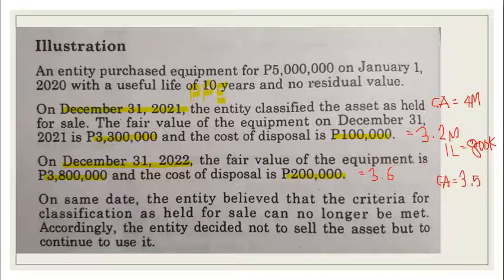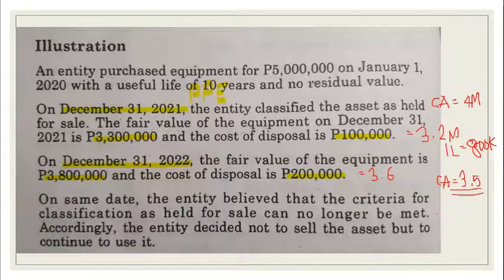In this case, your lower is at 3.5. So, that should be the measurement of your equipment in your books if you return it to PPE. So, it should be measured at 3.5.